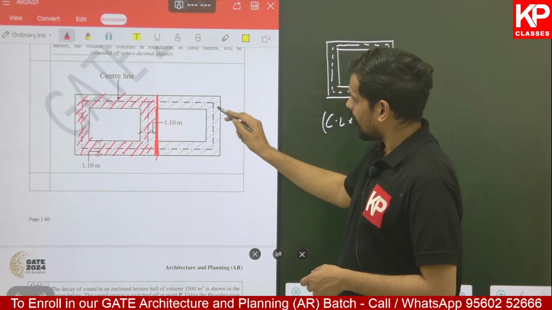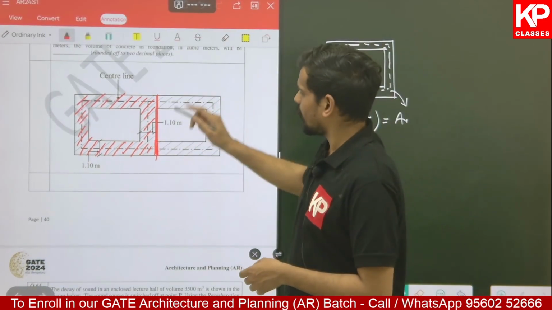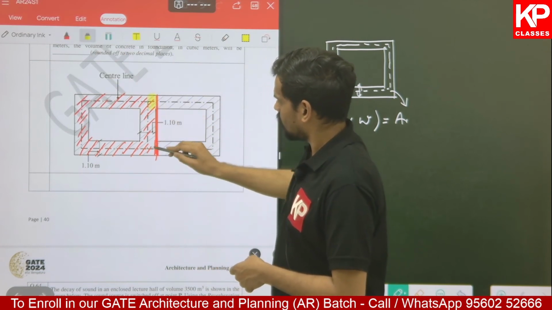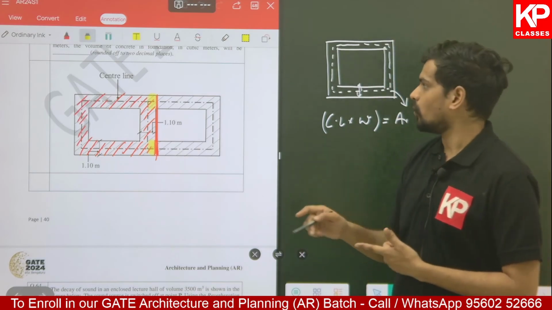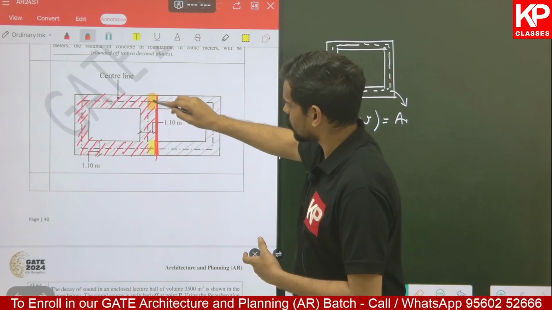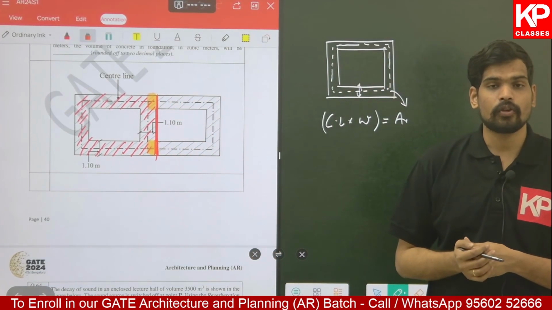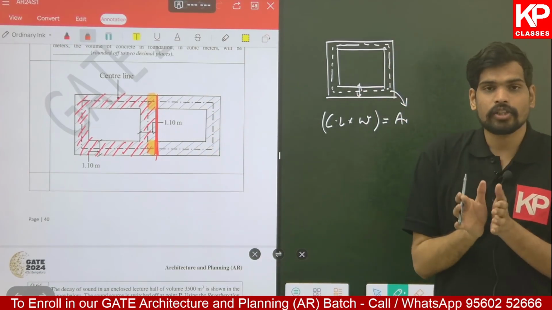But when you are applying the centerline method for this remaining portion, you should not take this part of the centerline, this portion. You will have to deduct this part, otherwise that portion will be counted twice. I'm sure you are able to understand. So this portion has to be eliminated in the center line for the calculation of the footprint area for this remaining part. So what is the deduction for this?